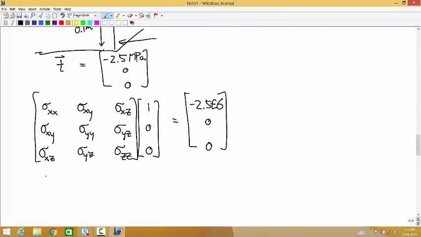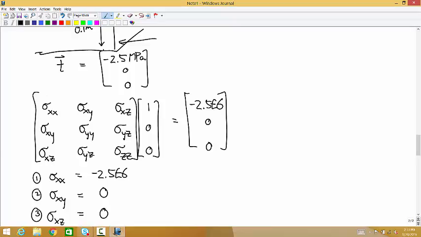So that gives us three equations: sigma xx is equal to negative 2.5 times 10 to the 6. Sigma xy is equal to 0. And sigma xz is equal to 0.